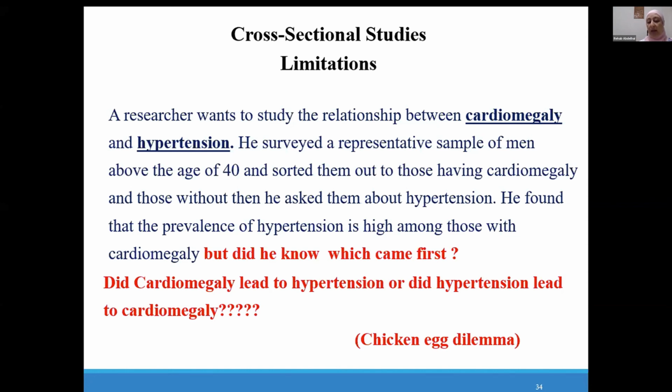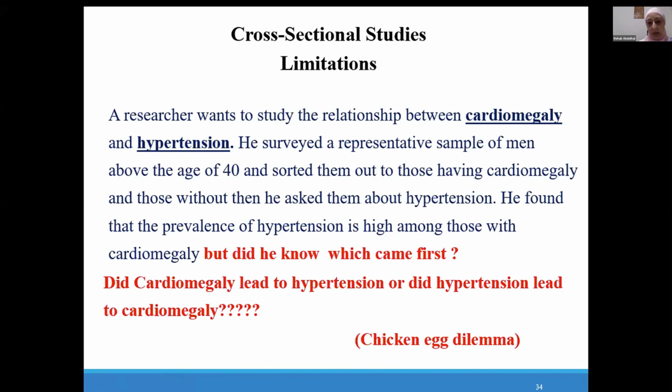And then he measured hypertension. He found that the prevalence of hypertension is higher among those with cardiomegaly, but did he know which one came first? It's impossible to tell. Did cardiomegaly lead to hypertension, or did hypertension lead to cardiomegaly? This is something that can never be determined using a cross-sectional study.